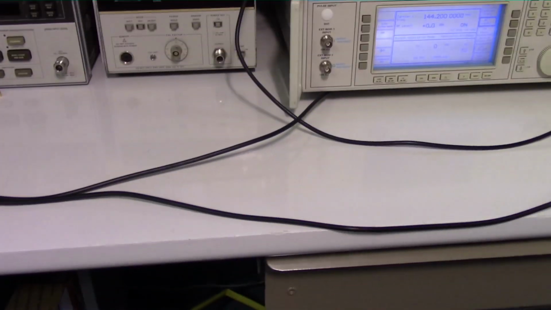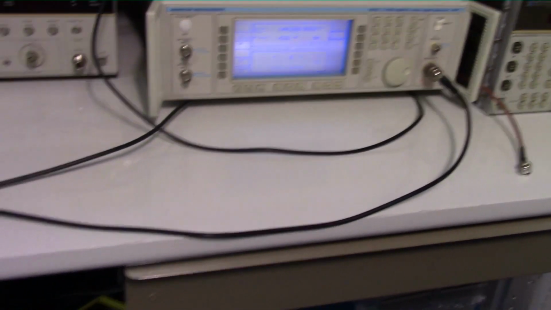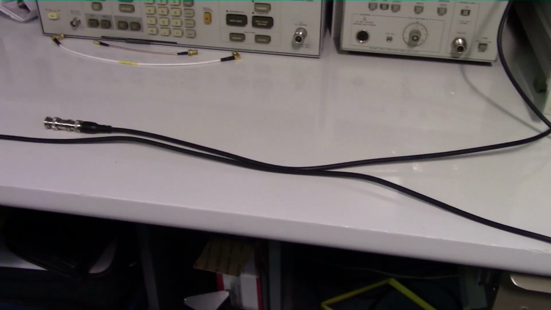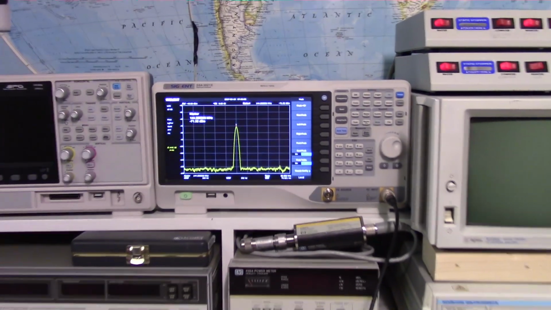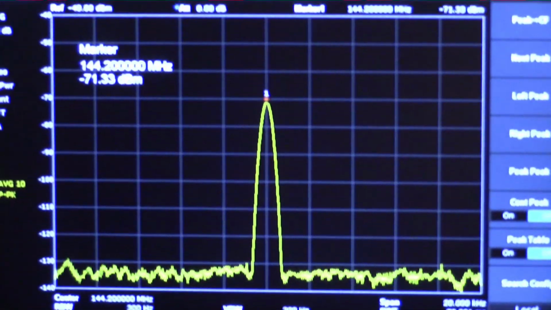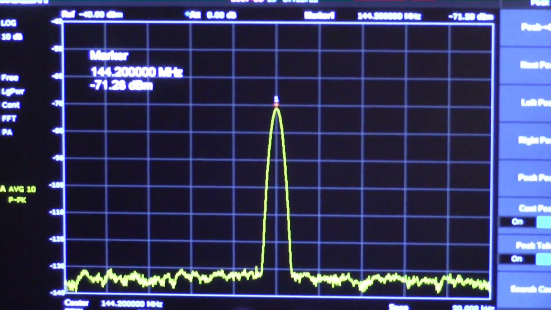Let's just say you were sloppy and you're using cheap cables like this, and you weren't careful about where you placed them or whatever. Take a look at the coupling that we have between these two.